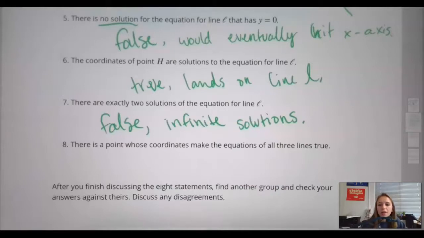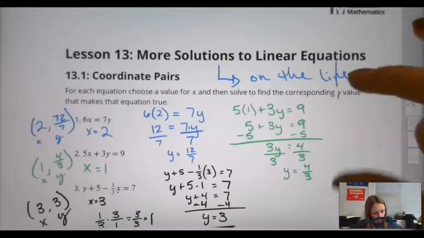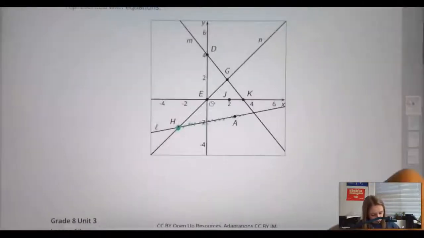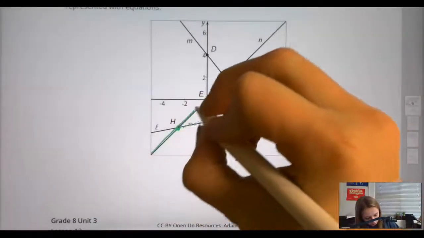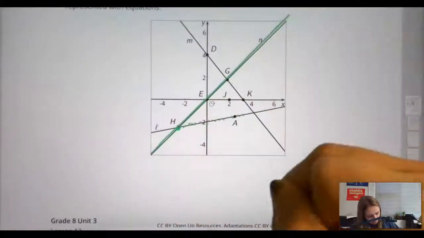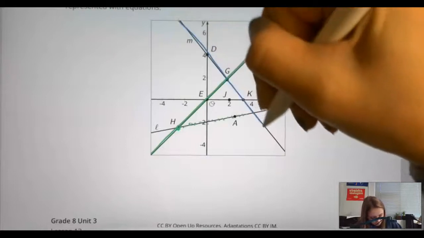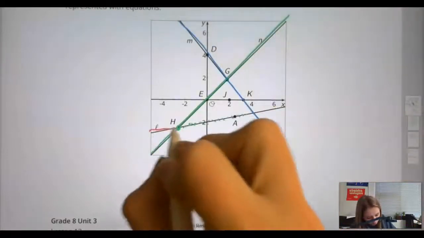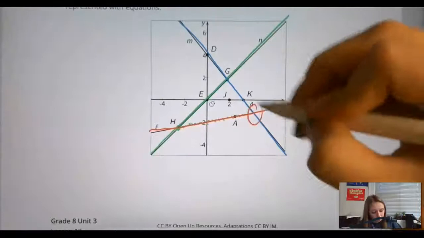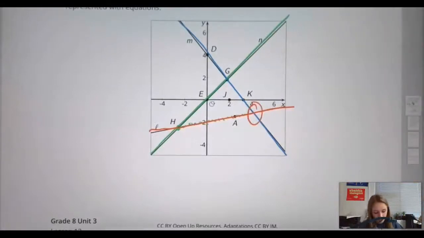Now it says there is a point whose coordinates make the equation for all lines true. So let's go see if there's a point that all 3 lines go through. Okay, so here we go. I'm just going to color code them. And if I look here, well, I only see blue and red.